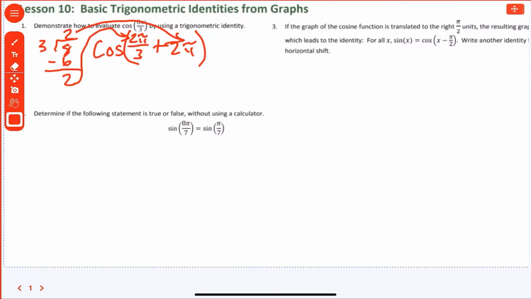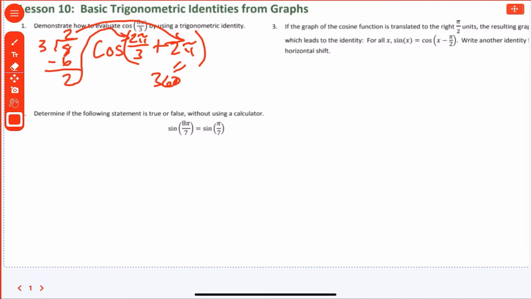So that is your equivalent cosine. The cosine of 8 pi over 3 is the exact same thing as the cosine of 2 pi over 3, because we're just rotating it 360 degrees. This 2 pi equals 360 degrees, so we're right back where we started.